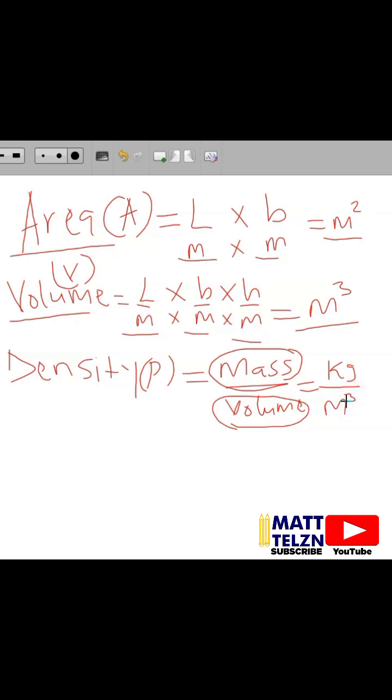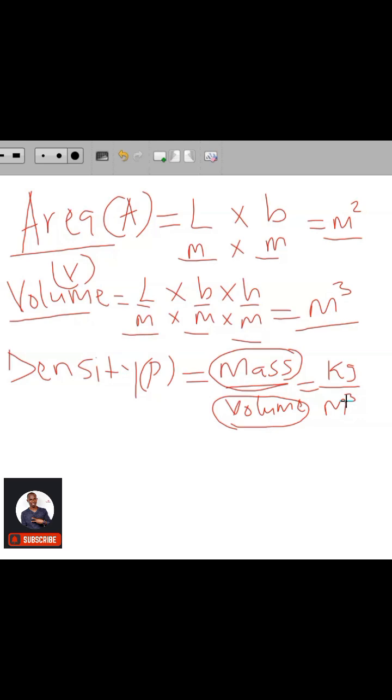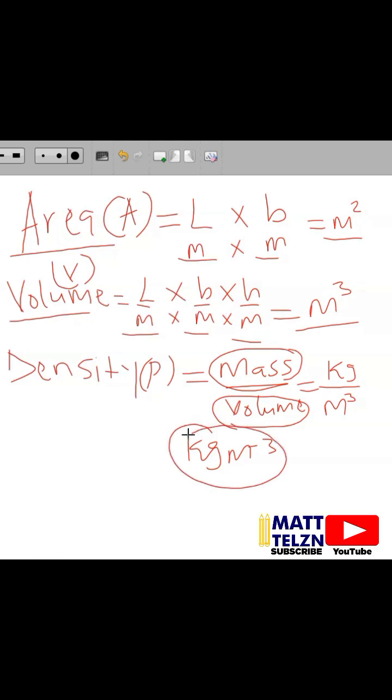So the unit for density is kilogram per meter cube.